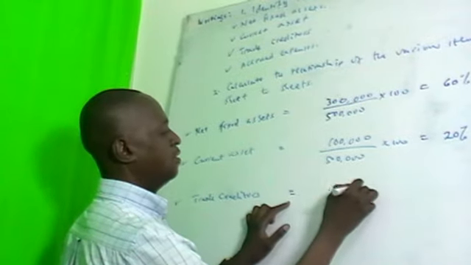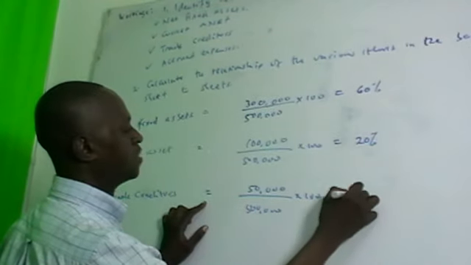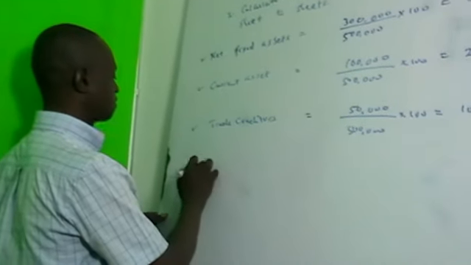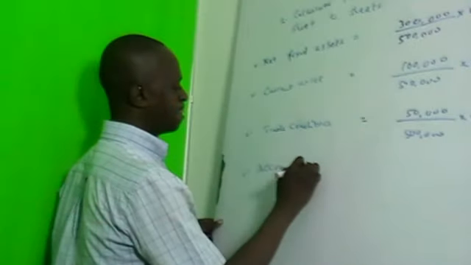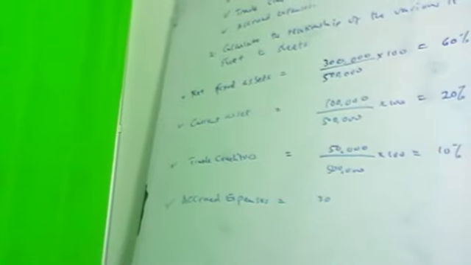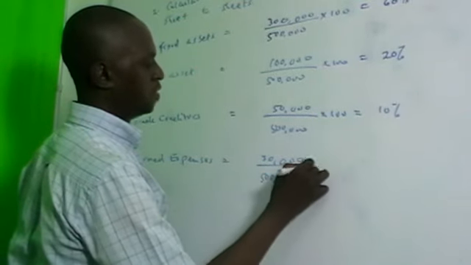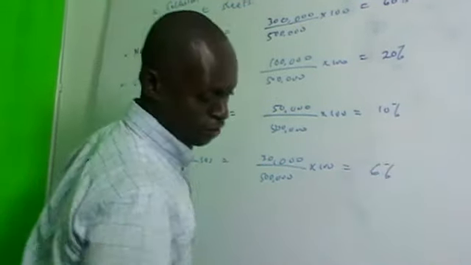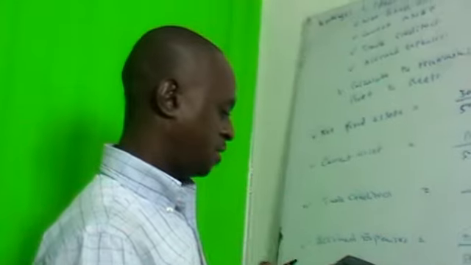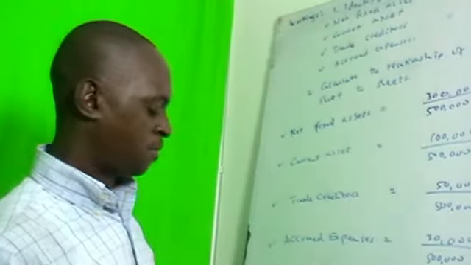So we have here 50 over 500 times 100, that gives you 10%. And finally we have accrued expenses. Accrued expenses is 30. So we have 30 over 500 times 100, that gives us 6%.